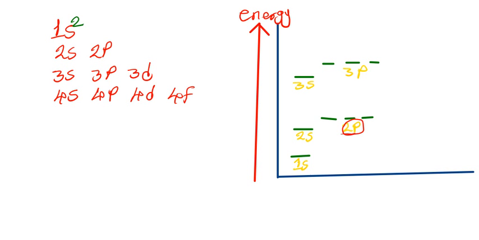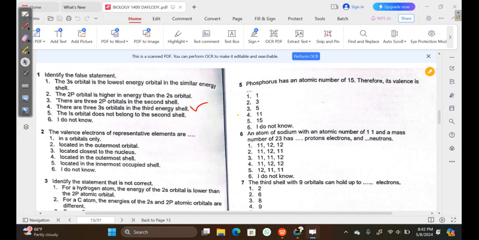How many orbitals do we find in the 2p? 3 orbitals. There is this one, that one, and this one. So it is a true statement. Anyone who is behind? The one who asked a question, are you clear? Okay, so I think we can move.